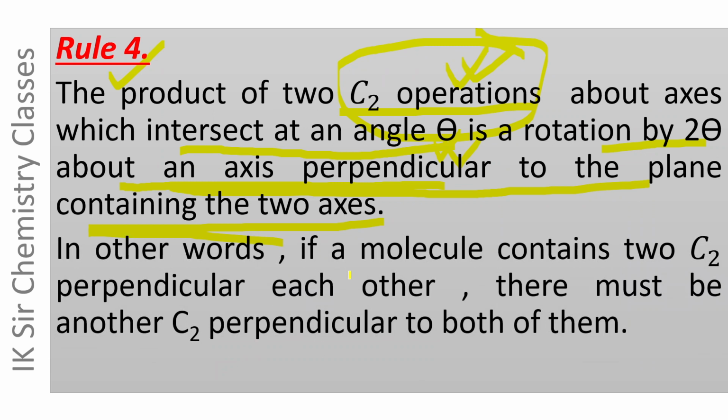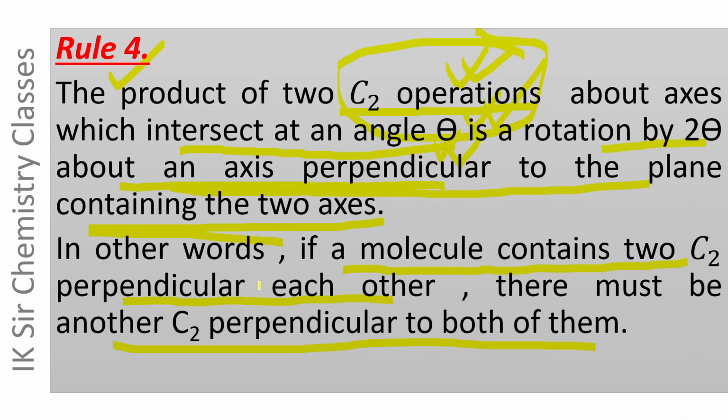In other words, if a molecule contains two C2 axes perpendicular to each other, if this angle is 90 degree, there must be another C2 perpendicular to both of them.